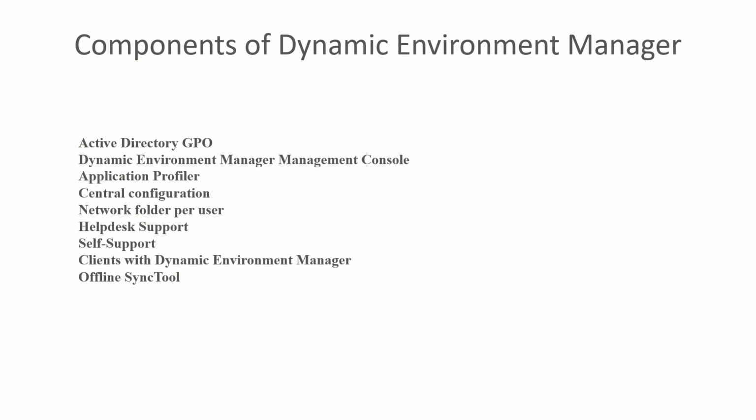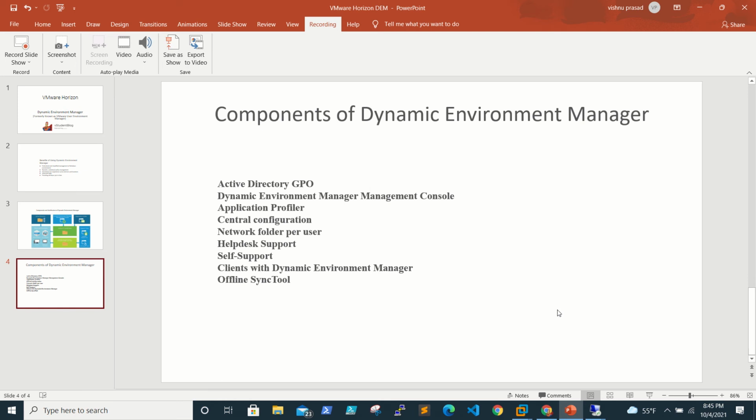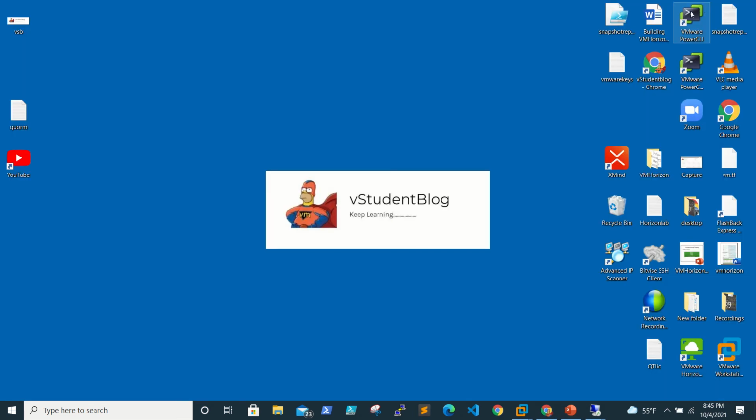Additionally, users with a slow WAN connection can also use local DEM configuration files, thus limiting network traffic and avoiding continuously roaming profile settings. So these are the few components which we discussed, and let's go for the installation process.